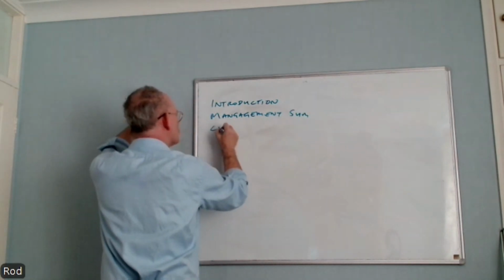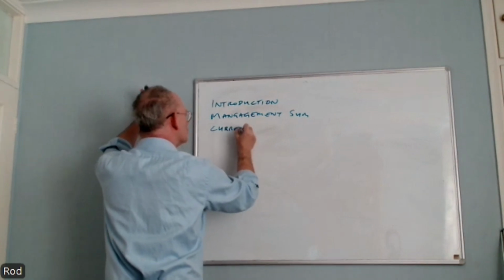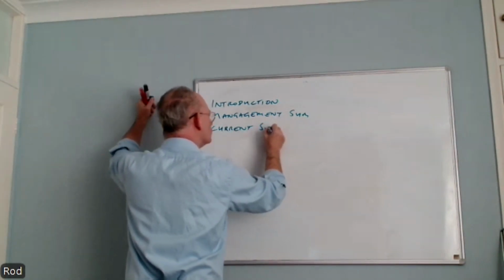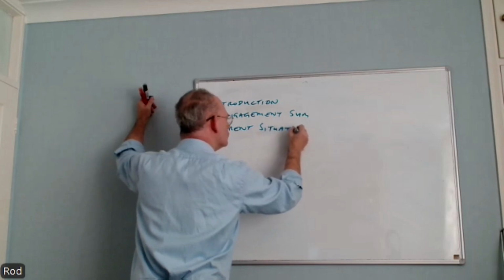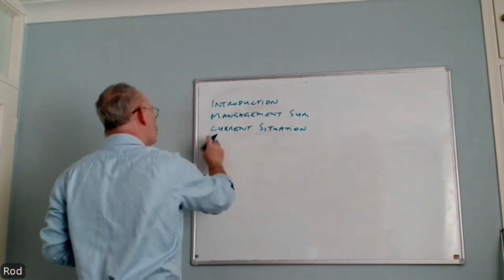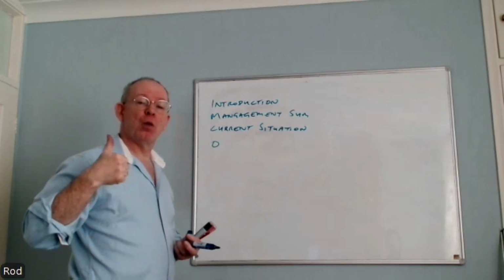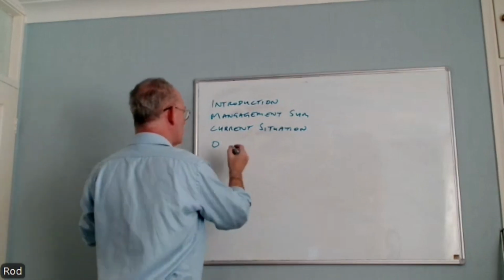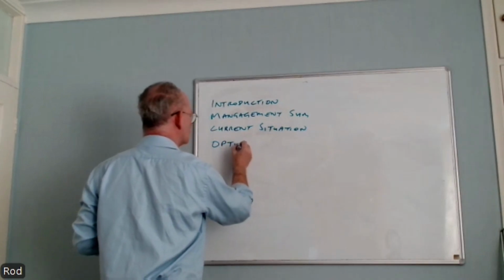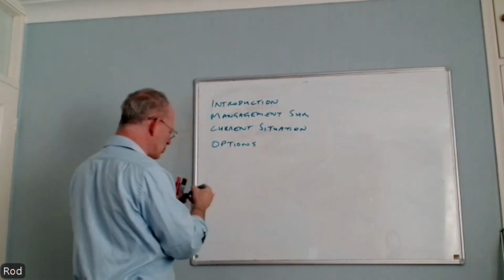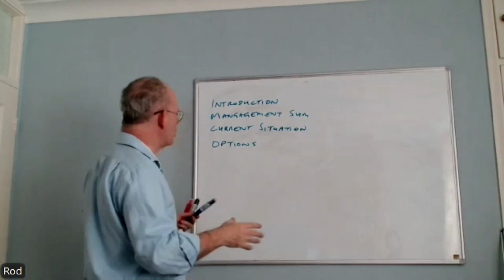There is the current situation. We will have our options. There are going to be a number of options. One of the options is always going to be do nothing. How many other options? Three or so.